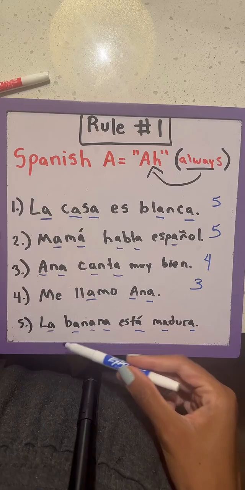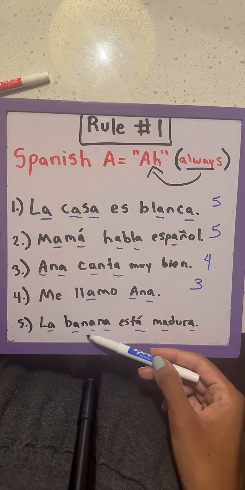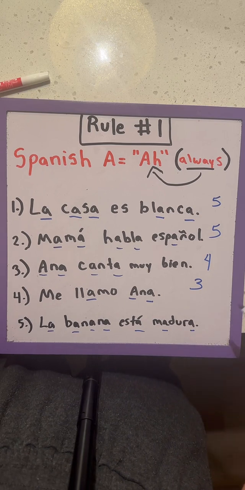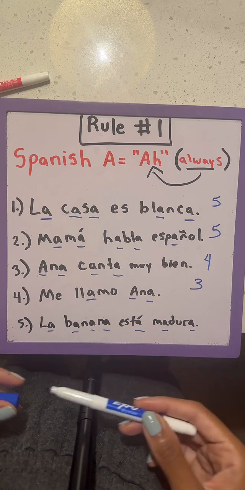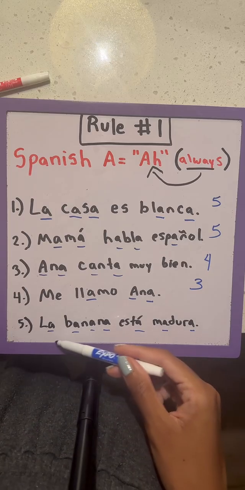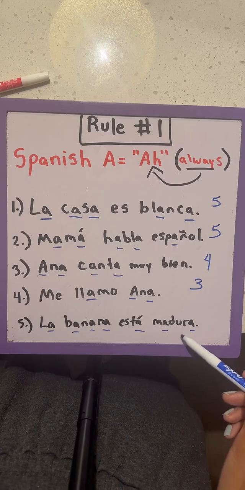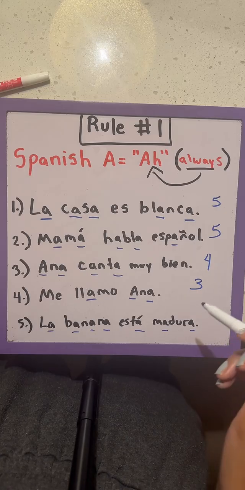1, 2, 3, 4, 5, 6, 8. So there are 8. Yes, a lot of people thought 7. It's actually 8. Yeah. 1, 2, 3, 4, 5, 6, 7. Oh, how did I skip? Why did I just skip numbers like that?